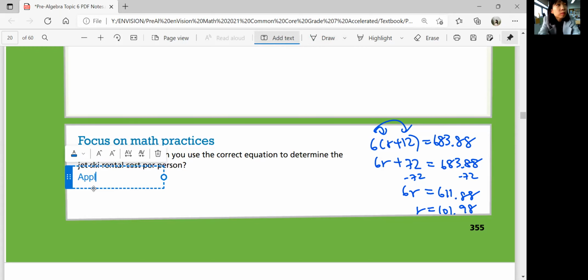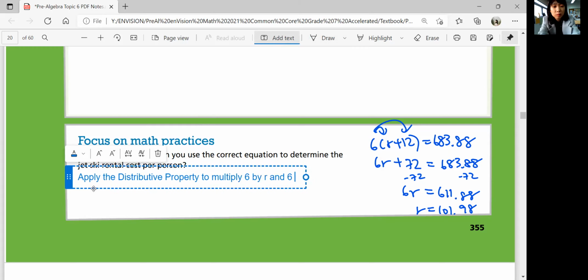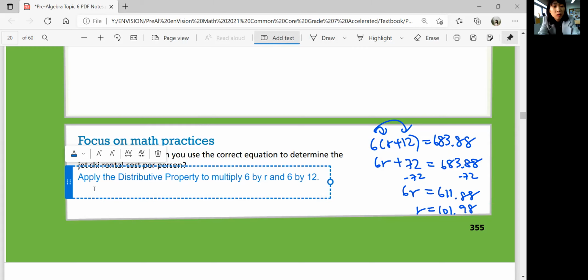Okay, so let's explain this in words. You can say apply the distributive property to multiply 6 by r and 6 by 12. Next, use the subtraction property of equality to subtract 72 from both sides.